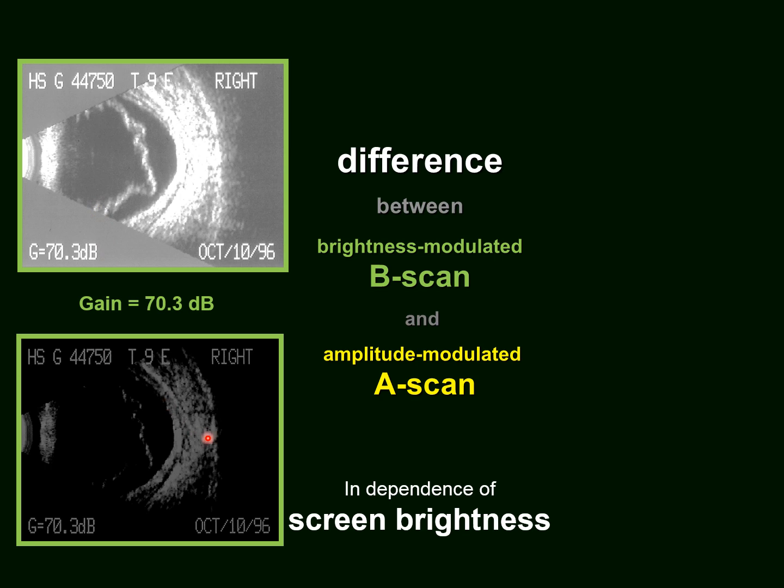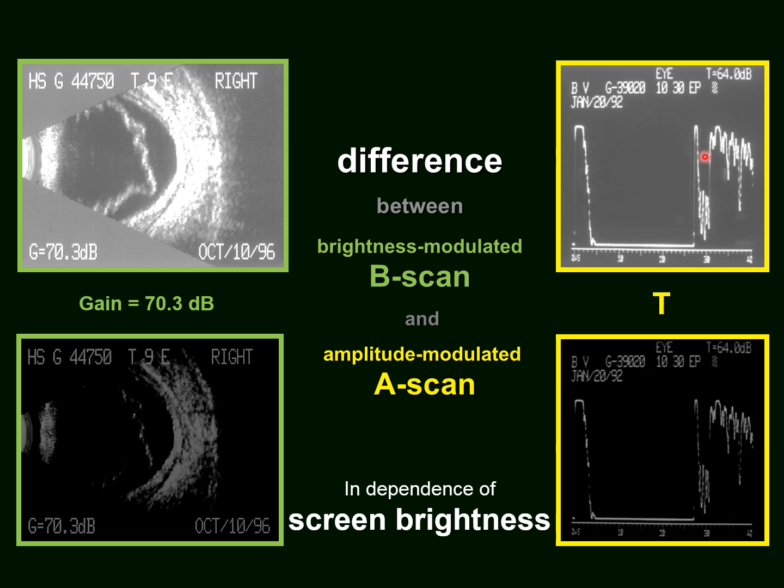When we dim the brightness, we lose information, and that is with the same system gain that we used. On A-scan, by contrast, when we use a high brightness of the screen or a dimmed screen, it's the same information, the same amplitudes of the echo spikes.